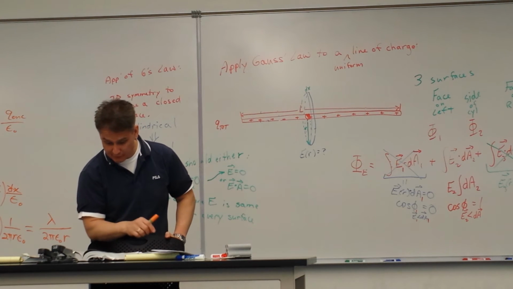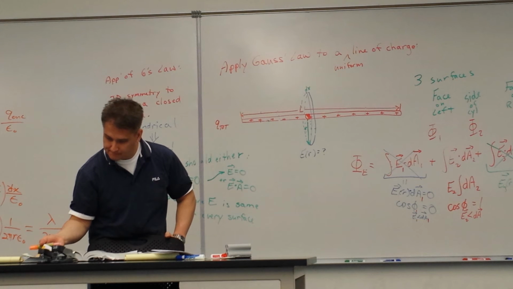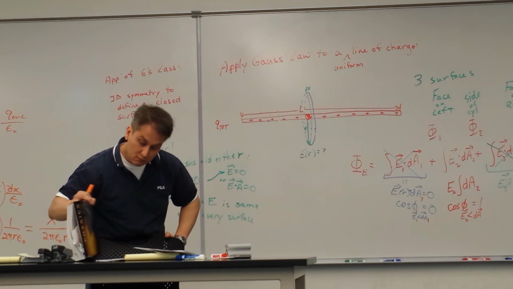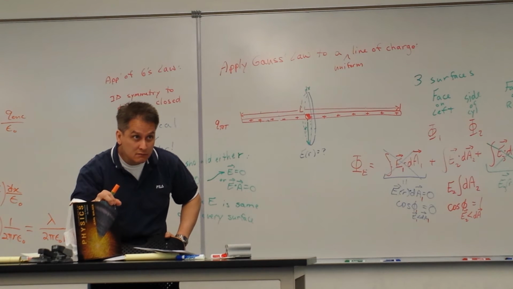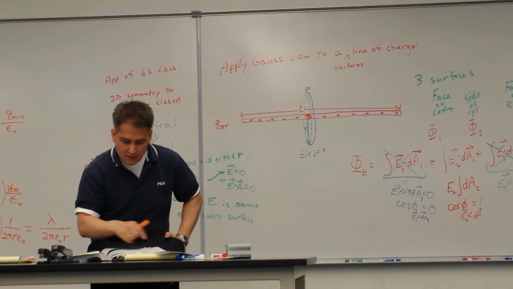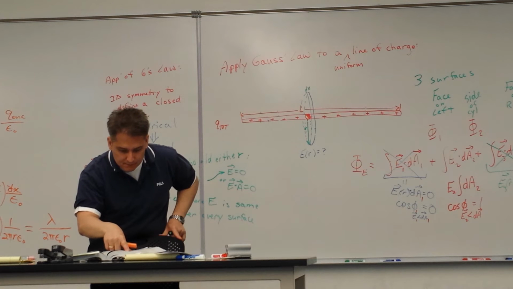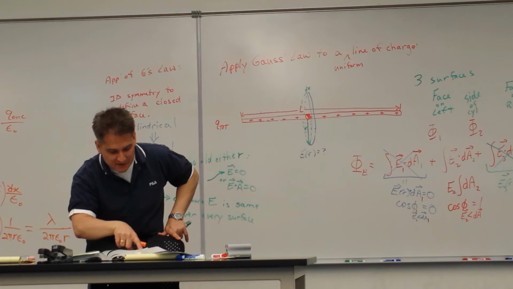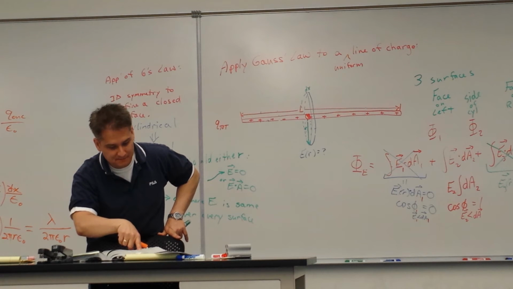It's in the lecture notes too, by the way. Do you have a different edition than I do? Probably. No, go up a couple, it's in that line, a little bit higher.